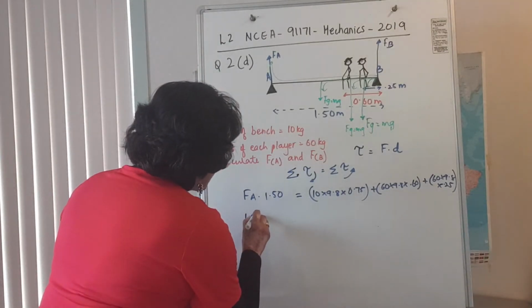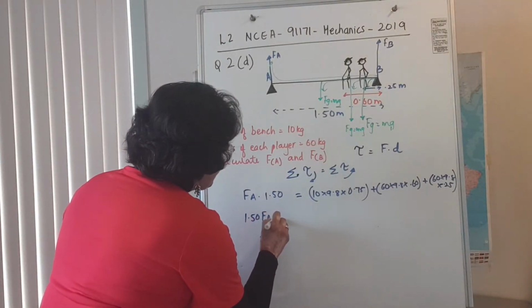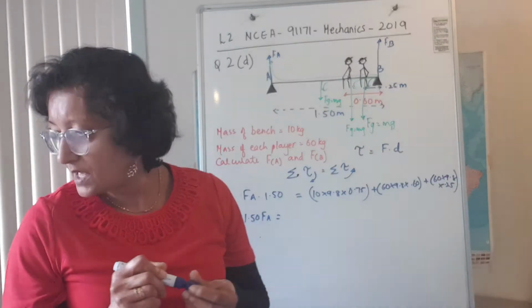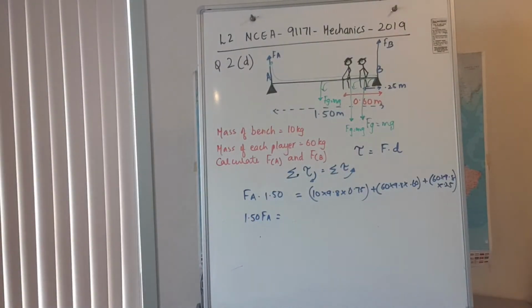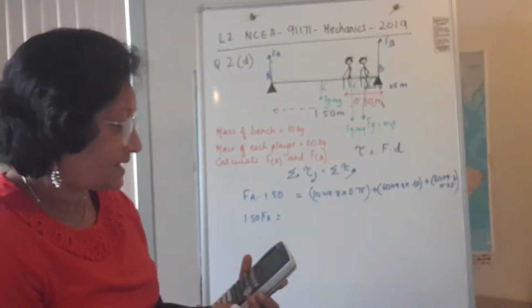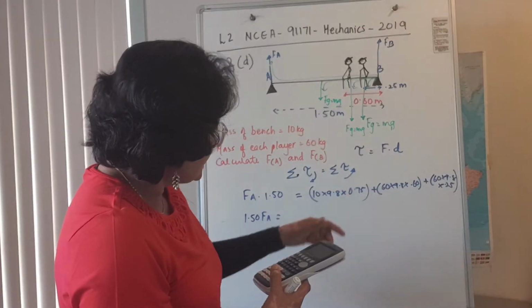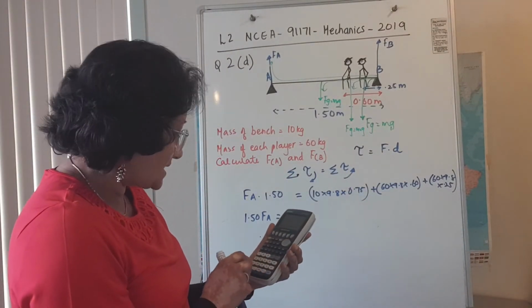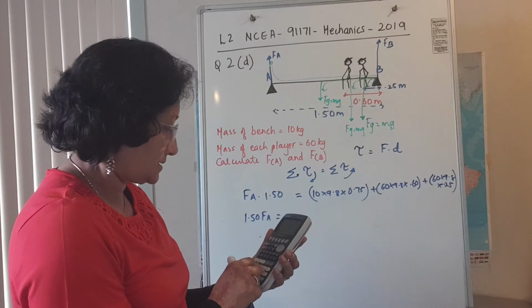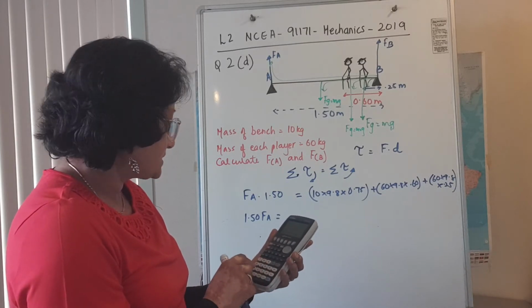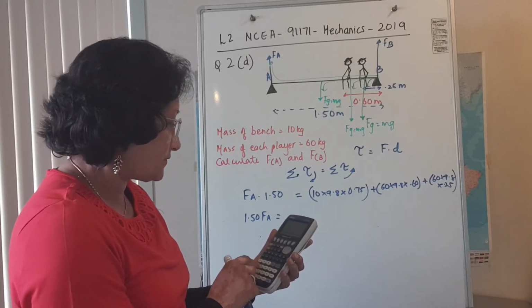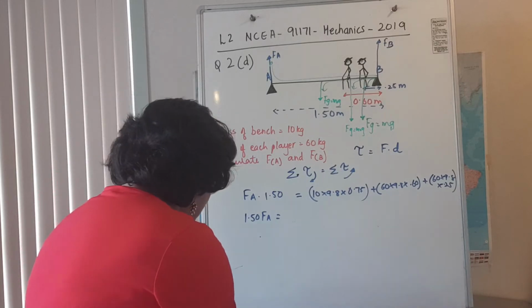So I'm going to get 1.50 times Fa equals, and let's get some numbers over here. 9.8 times 10 is 98. So 98 times 0.75 is 73.5.